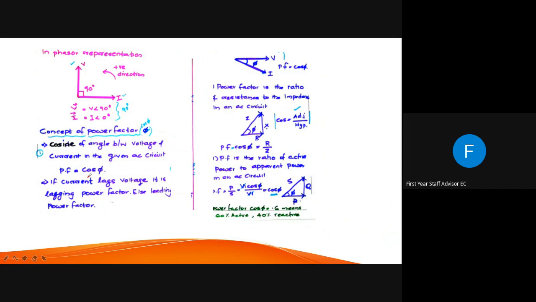It is normally given by cos phi. So in a resistive triangle, the power factor is given by R by Z.